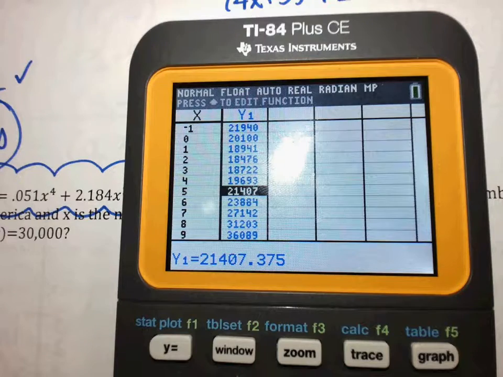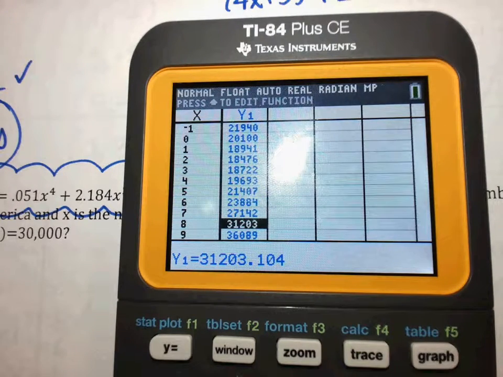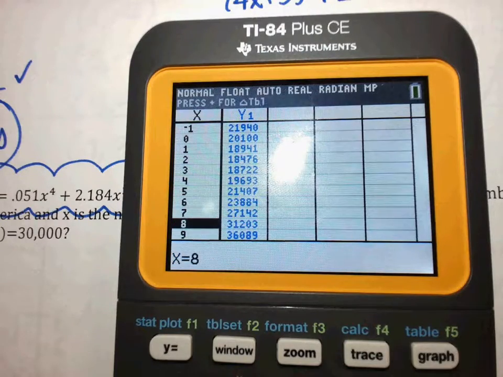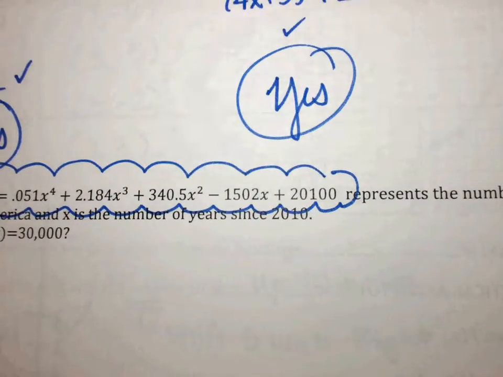That's not enough. Okay, then I will have 23,000. Is that how many I want? What about 27,000? What about 31,000? Yes. So how many years did that take? 8 years. Got it? Okay, so not hard as long as you know how to use the calculator. So I would say x has to equal 8.